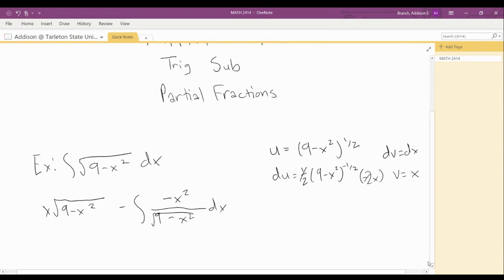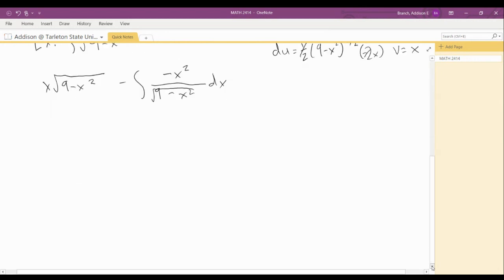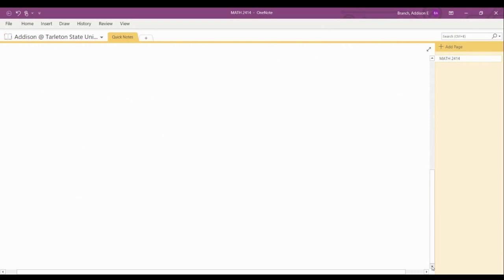So that brings us to the topic of trig sub. Trig sub is based on what is called change of variable, and you guys have actually seen change of variable before.